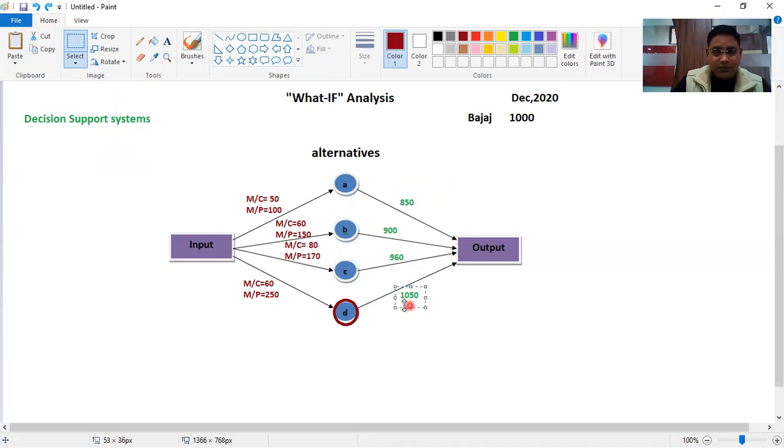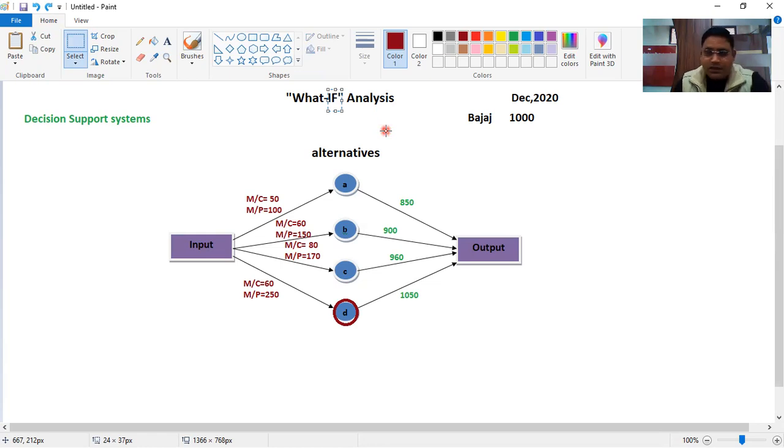And alternative D, what will be the output if this is the input? So this is our what if analysis. We are giving as input a number of alternatives, and we are checking our output, whether that output is achieving our objective which we have predefined. Getting the point? So this is what if analysis.